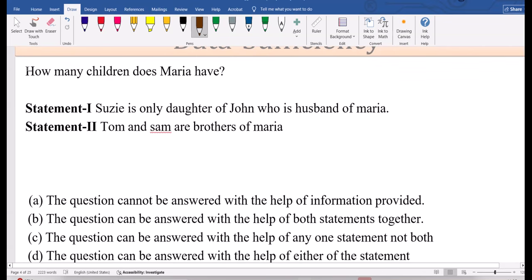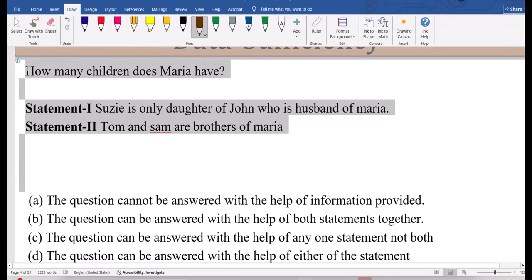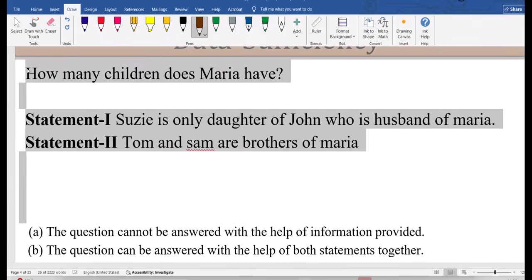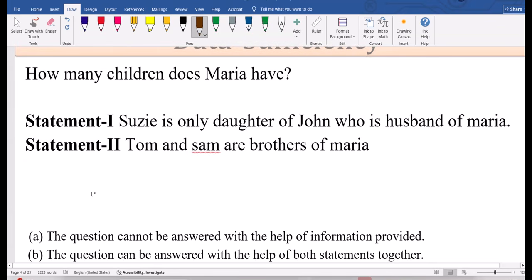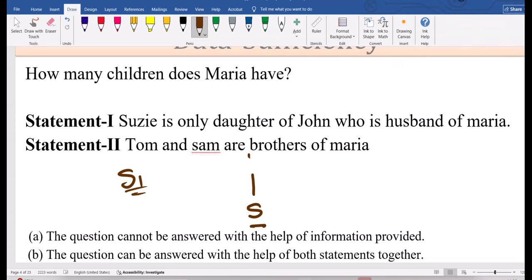Now, the next question, again related to blood relation. How many children does Maria have? Statement 1 alone, what did they say? Susie is the only daughter of John, who is the husband of Maria.